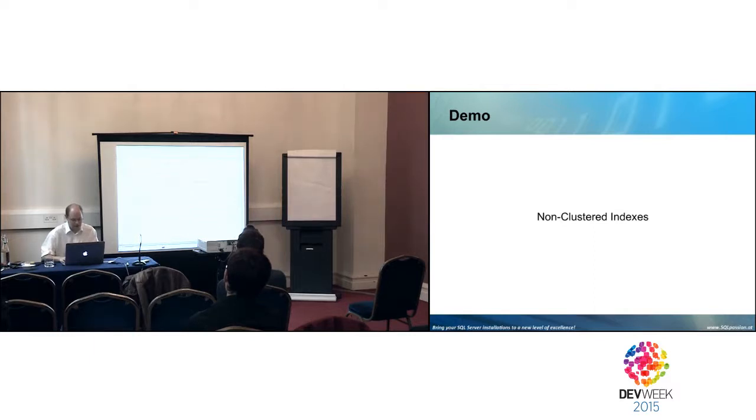I create here again the same table as previously, and I create again a clustered index on our first column customer ID with the data type unique identifier. And again we're inserting 80,000 rows into that table.